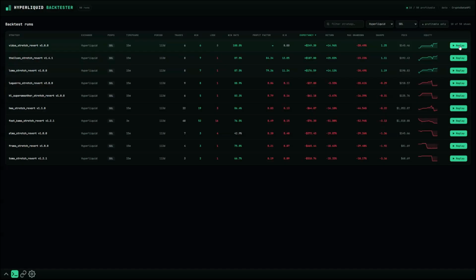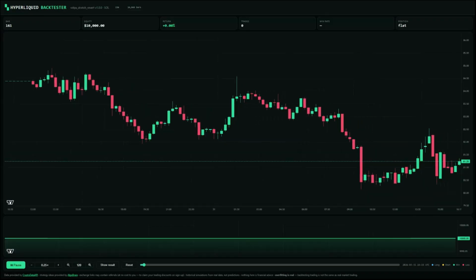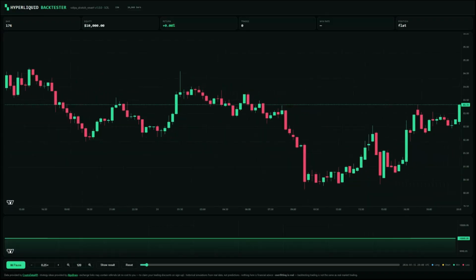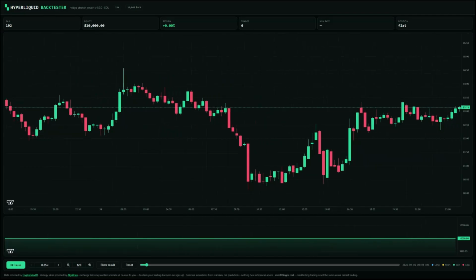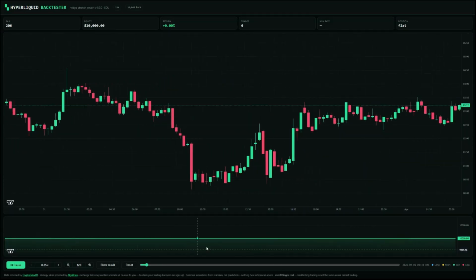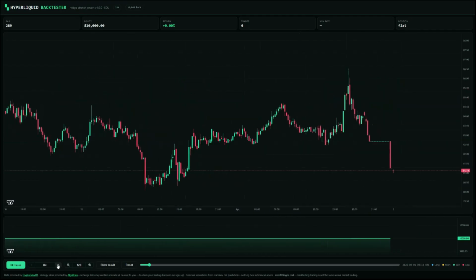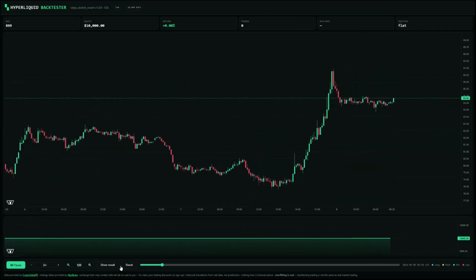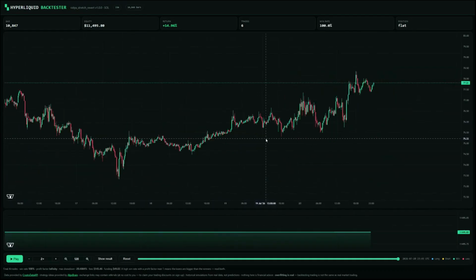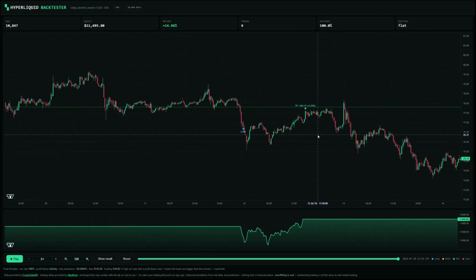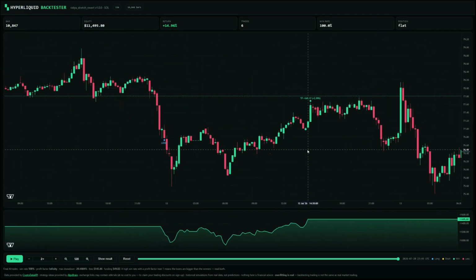So if we click Replay, we can have a look at the trades. As we can see, the AI is going through the backtesting, and it's drawing each candle, and then it will take the trades. So we can just zoom out a bit, we can speed it up a bit, and we can also just show the result. So as we click show the result, we can zoom back and have a look, see what it did.